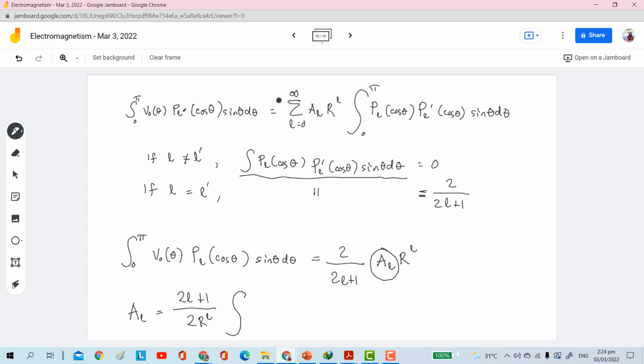So, we just isolate A sub L, your coefficient A. The integral of V naught is inside the integral sign because it is not a constant. It is a function of theta. And then you have P sub L cosine theta, sine theta, d theta. Okay, so this gives us the value of A sub L, from 0 to pi.